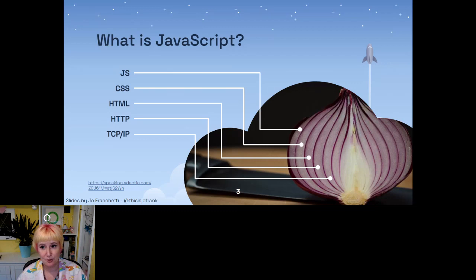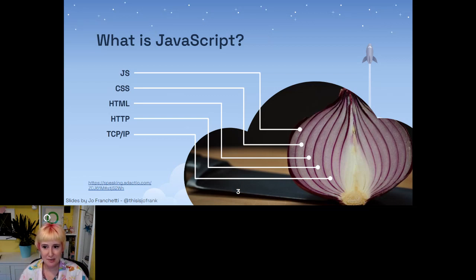Then we have what is called the Transmission Control Protocol and the IP protocol. So that's TCP/IP. And that is just a set of rules that govern how computers communicate with each other across a network. And it is therefore the set of rules that explain how data is sent across the internet.